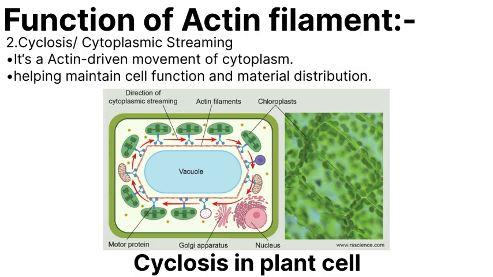You can clearly see the direction of cytoplasmic streaming given in the diagram by the red arrows, and the gel and the sol are separated. The gel is the non-moving cytoplasm, and the sol is the streaming cytoplasm, and you can also see the parallel arrangement of actin filaments in it. If you talk about humans, in human cells, cyclosis is much less prominent than in larger plant cells.